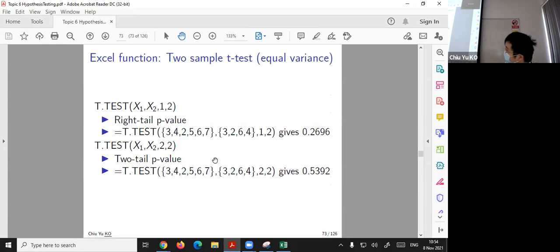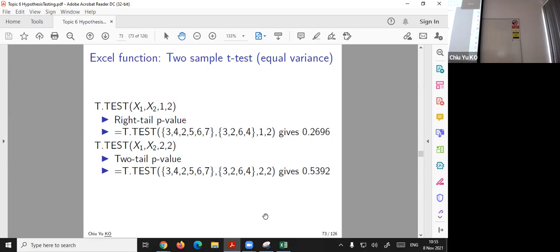So for the p-value test, we don't have a separate formula there. Now go to the t-test. This t-test is the two sample t-test. And you tell it whether it's one tail or two tail.